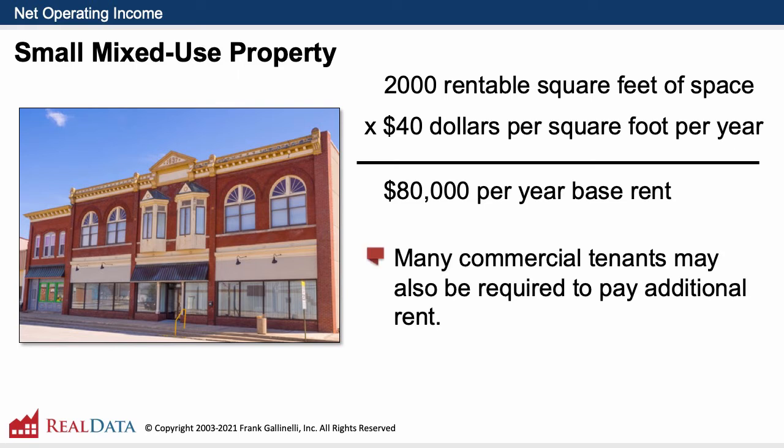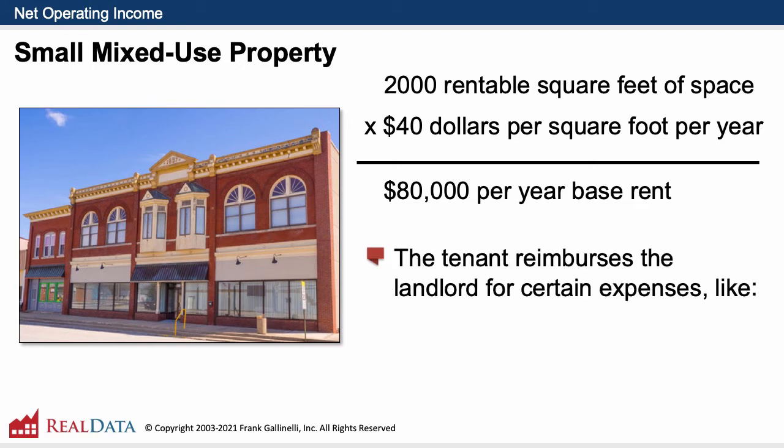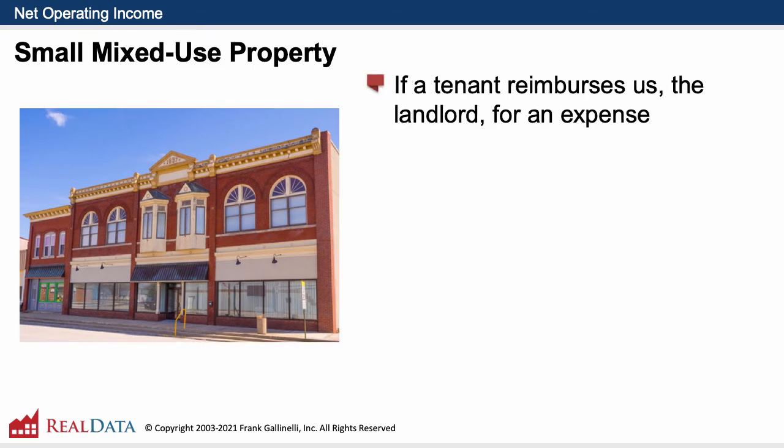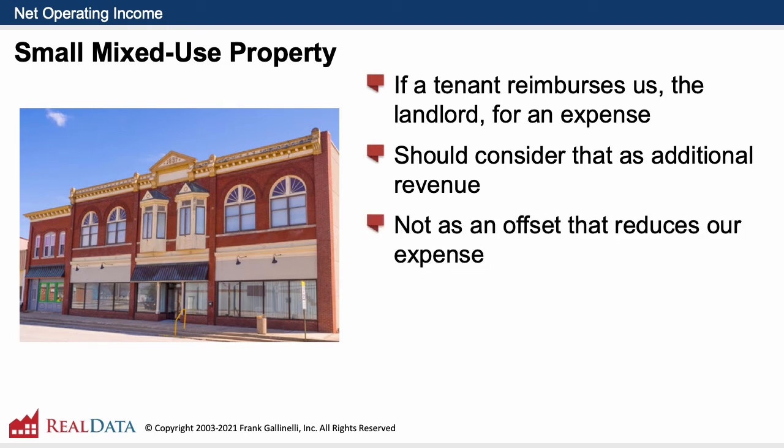But like many commercial tenants, they may also be required to pay something we would characterize as additional rent, something over and above the base rent. Not uncommon is a situation where the tenant reimburses the landlord for certain expenses, like property taxes or insurance. What's important to understand here is that if a tenant reimburses us, the landlord, for an expense or part of an expense, we should consider that as additional revenue, not as an offset that reduces our expense.